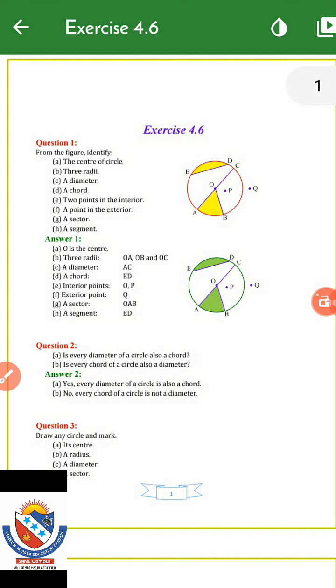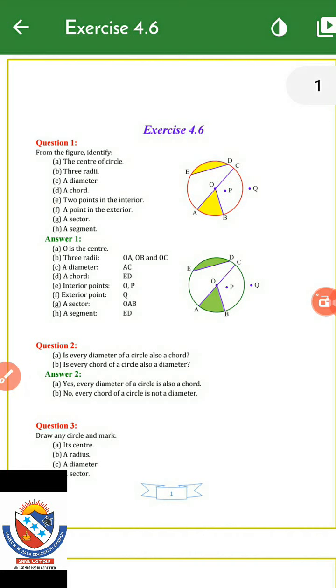Now the next question, two points in the interior of the circle. You can see in the interior of the circle O and P. Both points lie in the interior of the circle. Next question, a point in the exterior.